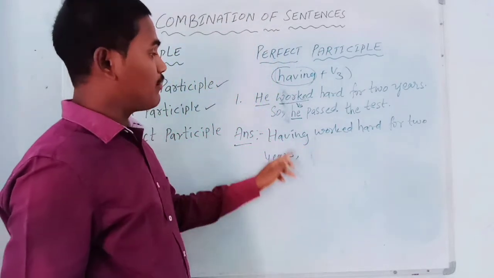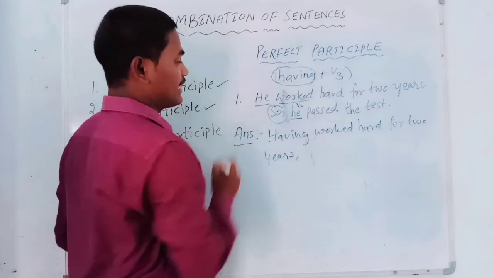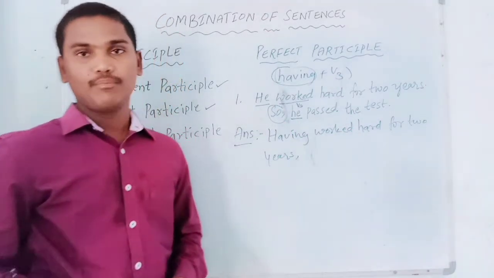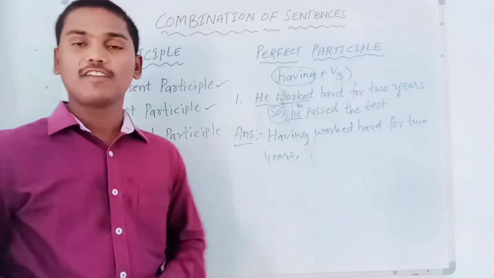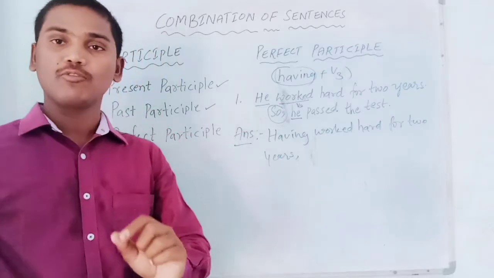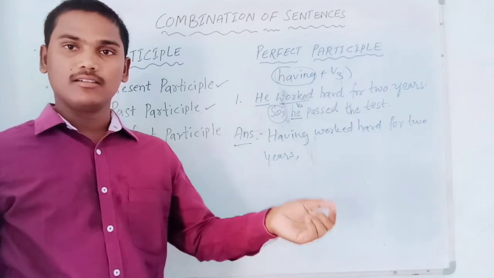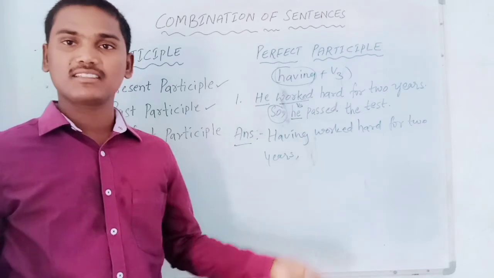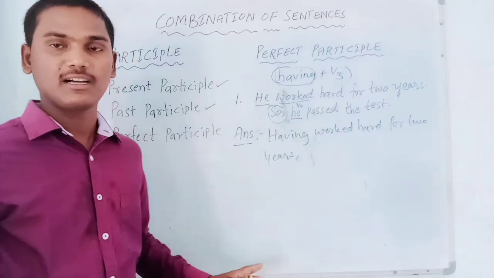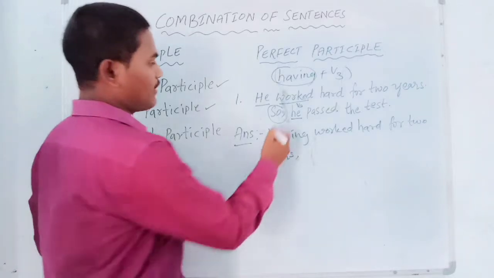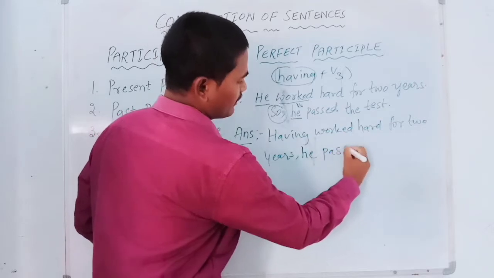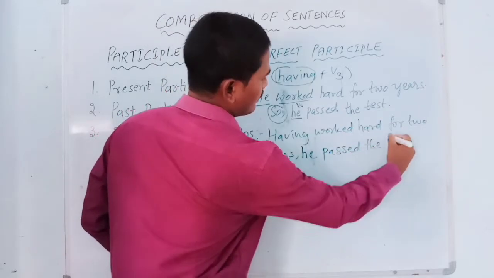When we are giving a comma, the linkers we get in a problem or in a question, we have to completely remove in the answer. So no need to copy or replace that linker we have in the question in the answer. So we have to remove that completely. So that's why I am not going to write this. Then immediately, he passed the test.